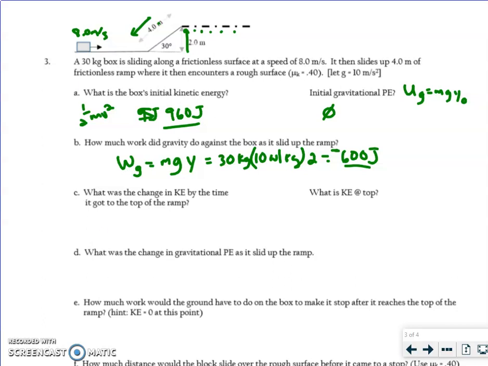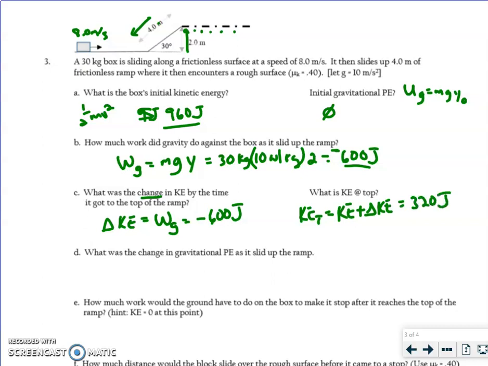So the change in kinetic energy, I'm asking for change, is equal to the work done by gravity. So we lost 600 joules of kinetic. So what is kinetic energy at the top? The kinetic energy at the top, KE top, is simply equal to what we started with, plus the change. So we started with 960, we lost 600, so we have 320 joules of kinetic.